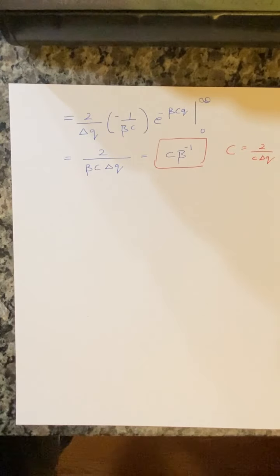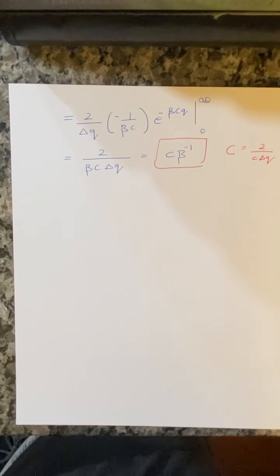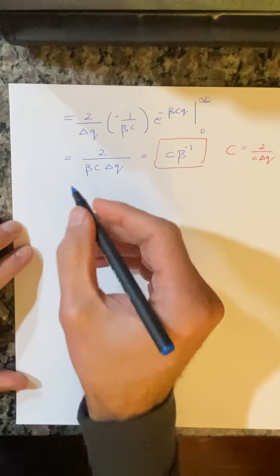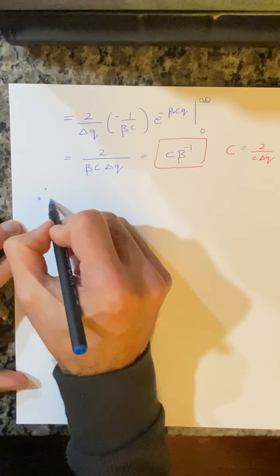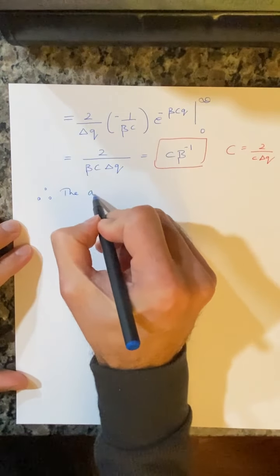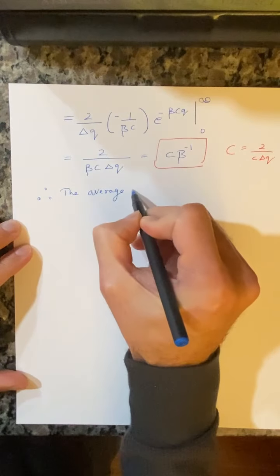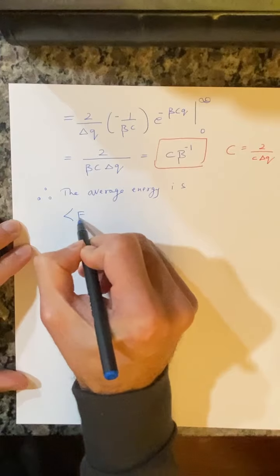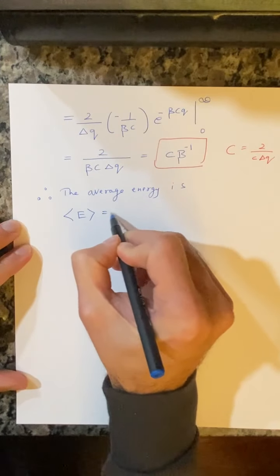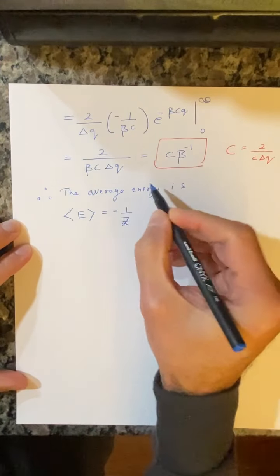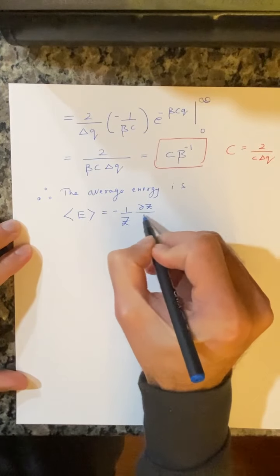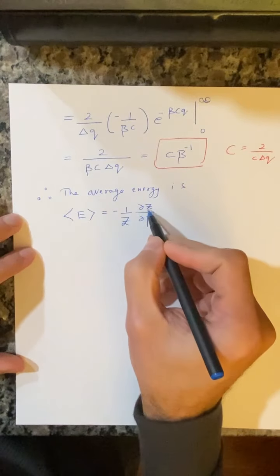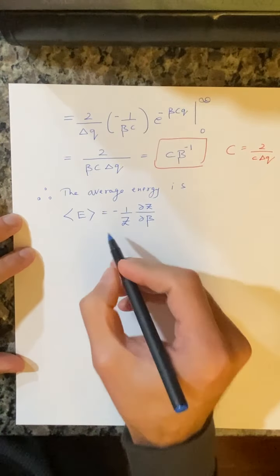Because you all know now that I am looking for average energy. If we are looking for average energy, that means we definitely want that, right? Beta. Therefore, the average energy is now written as, the first formula, I'm going to use the first relationship, differentiating the partition function with respect to beta.